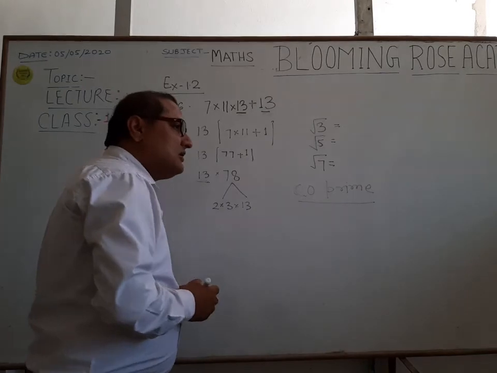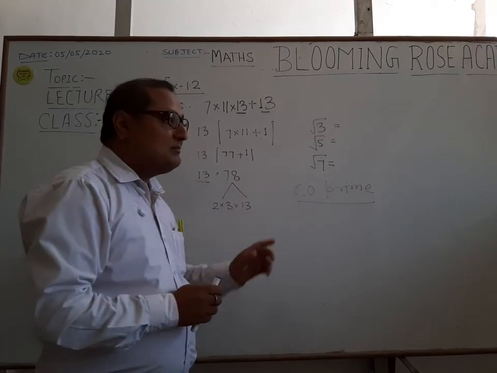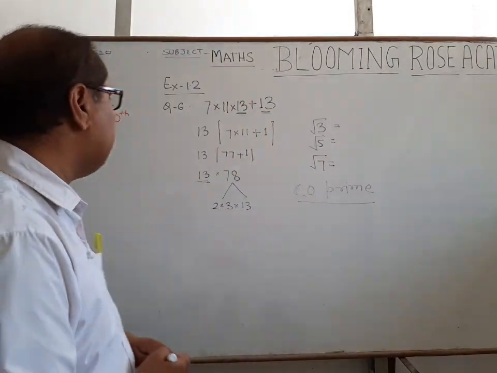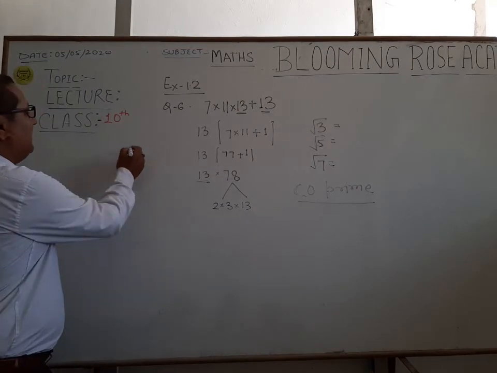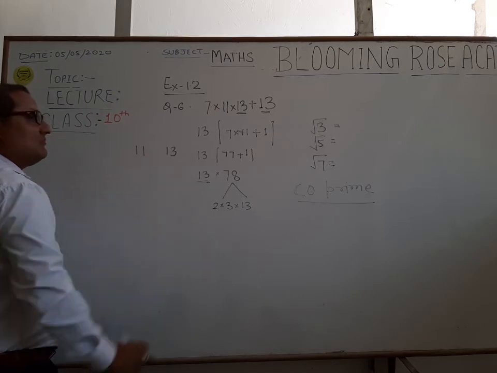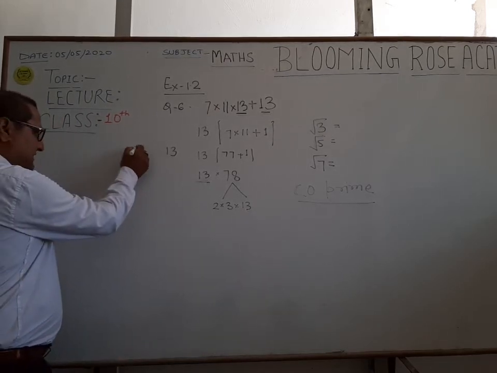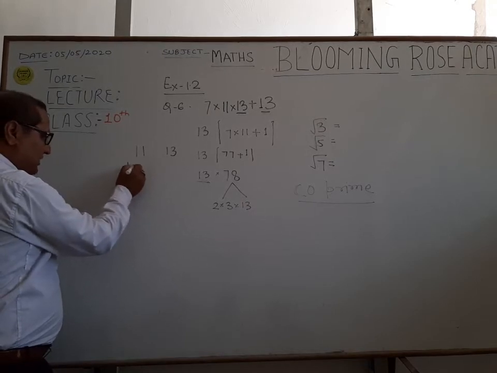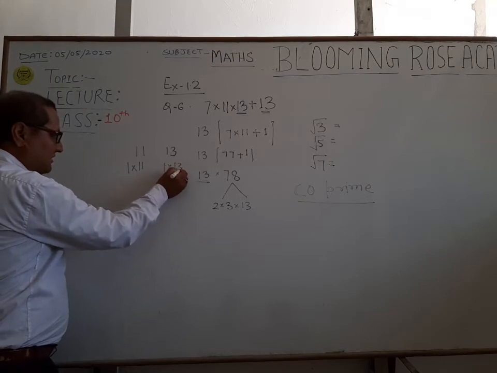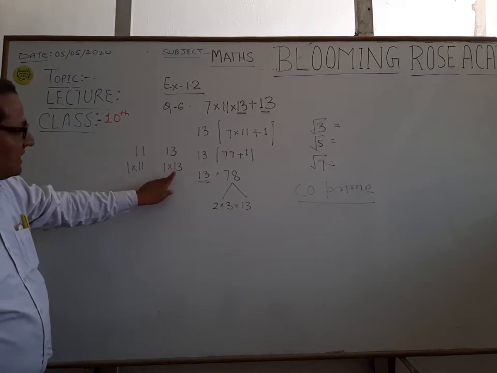Co-prime numbers are the numbers which have some common factor. For example, if you take 11 and 13 and factorize them, we get 1 and 11, and 1 and 13.